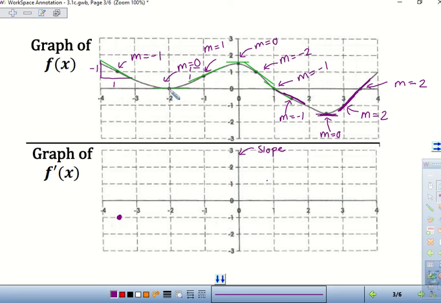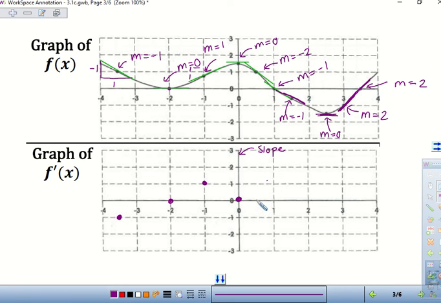What did we estimate the slope to be at -2? 0. So we plot at -2, 0. What did we estimate the slope to be at -1? +1, so we plot at -1, 1. What did we estimate the slope to be at 0? 0. So we plot at 0, 0.